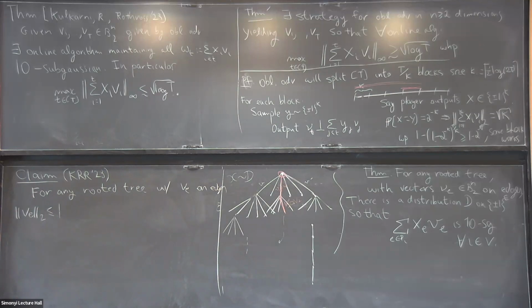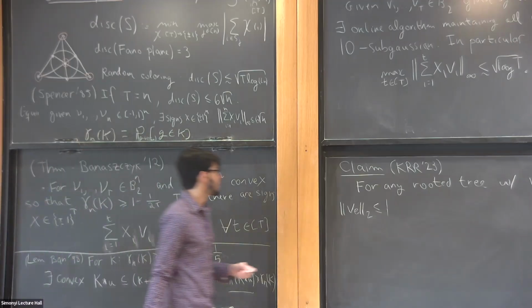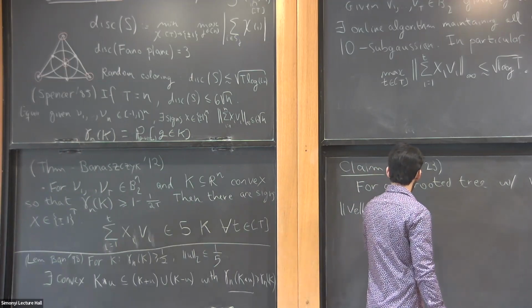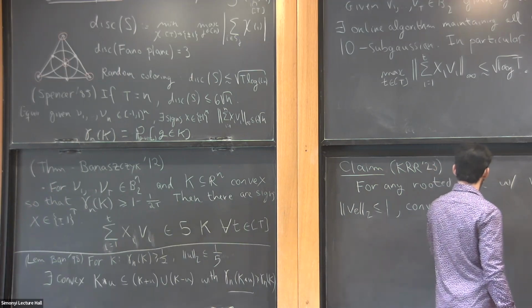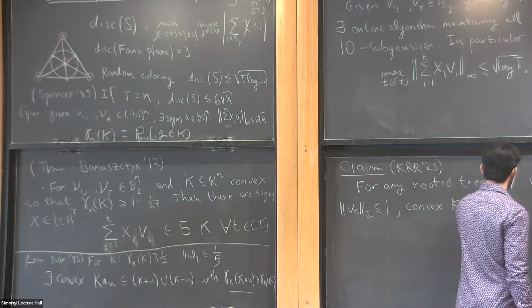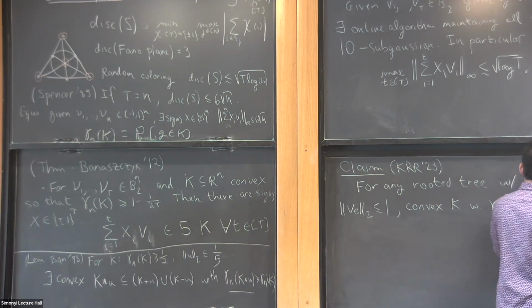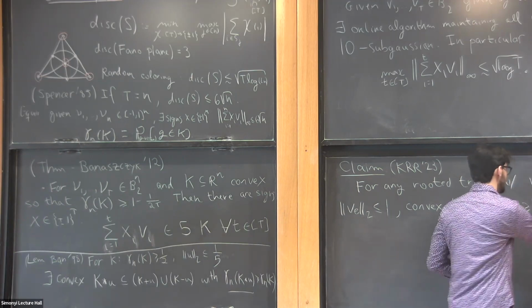Here I had measure at least 1/2t. I actually need a convex body with measure at least 1. So it would depend on the number of edges I have.